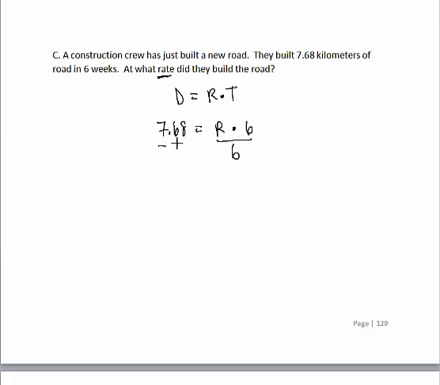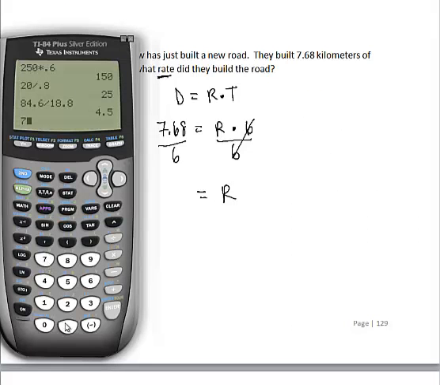To solve for R, we divide both sides by 6. R is by itself, so whatever we calculate on the left is our answer. And we have 7.68 divided by 6.